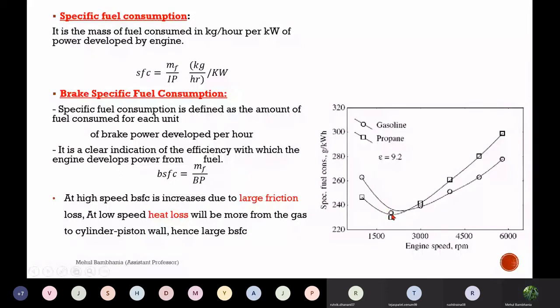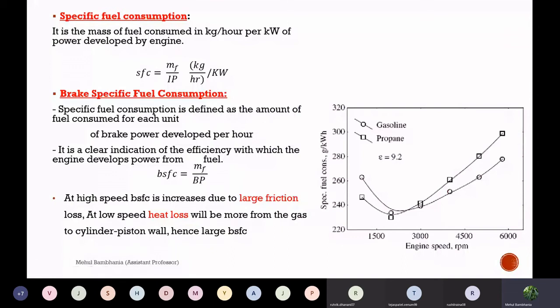Specific fuel consumption will decrease. However, when the engine runs at very high RPM, due to friction, a huge amount of heat will be generated. When the RPM increases, the speed of the piston inside the cylinder increases, which creates huge friction.